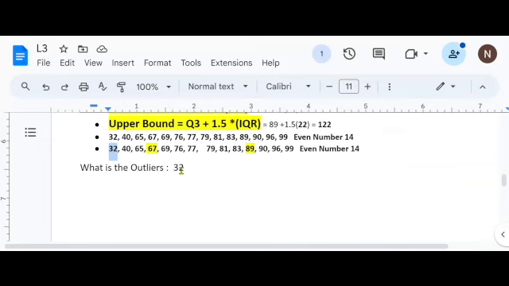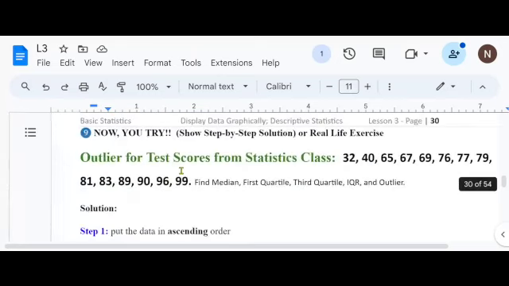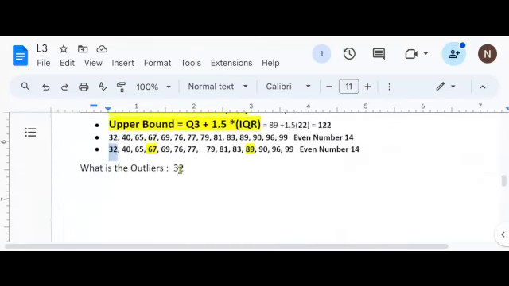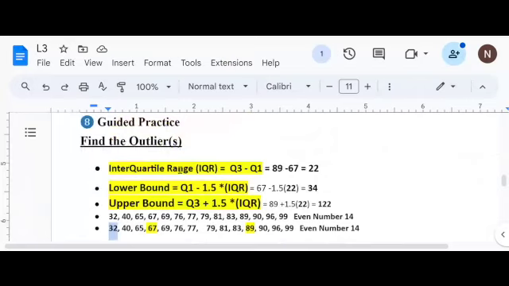But wait, doctor. This is in the case where the range of numbers is even. Let's say it's odd and you only have one median. Then the one in the middle, you put it in the middle, and then you take the one on the right and the one on the left, and then find what is the middle. Let's say, for example, here we have 78.